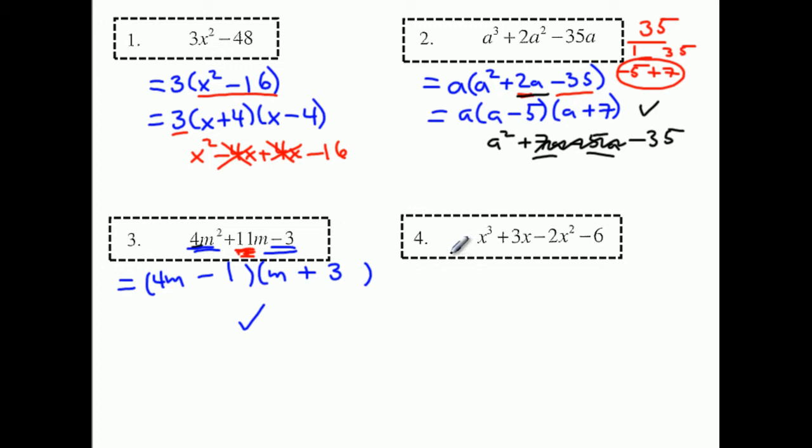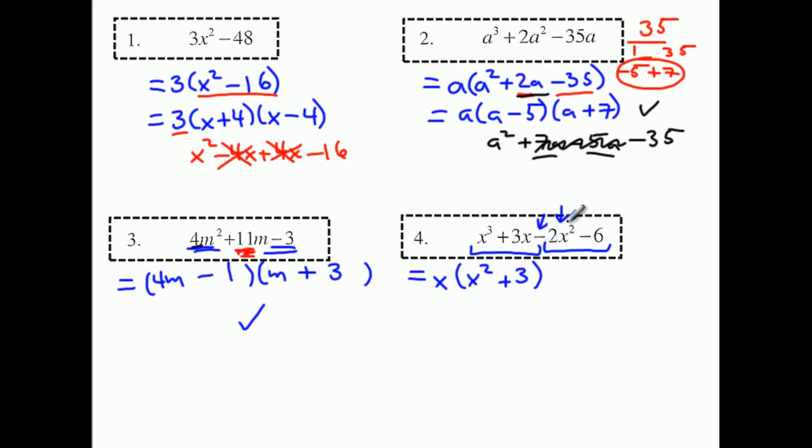So if we've got 4 terms, we factor by grouping. So you can just pick 2 of each and see if you can pull out a greatest common factor from those pairs. So pull out an x for the first 2. They each have an x. That leaves you with x squared plus 3. And then from the back 2, remember this sign is applying to this term.